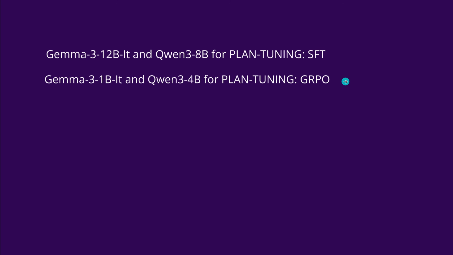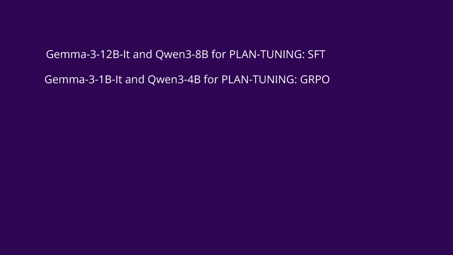There is an inconsistency in the paper. Careful, watch out if you read it. For the supervised fine-tuning of the plan-tuning methodology, they use here a Gemma 3 12 billion instruction-trained and a Qwen3 8B. So this 12B is not really small for me, but okay.